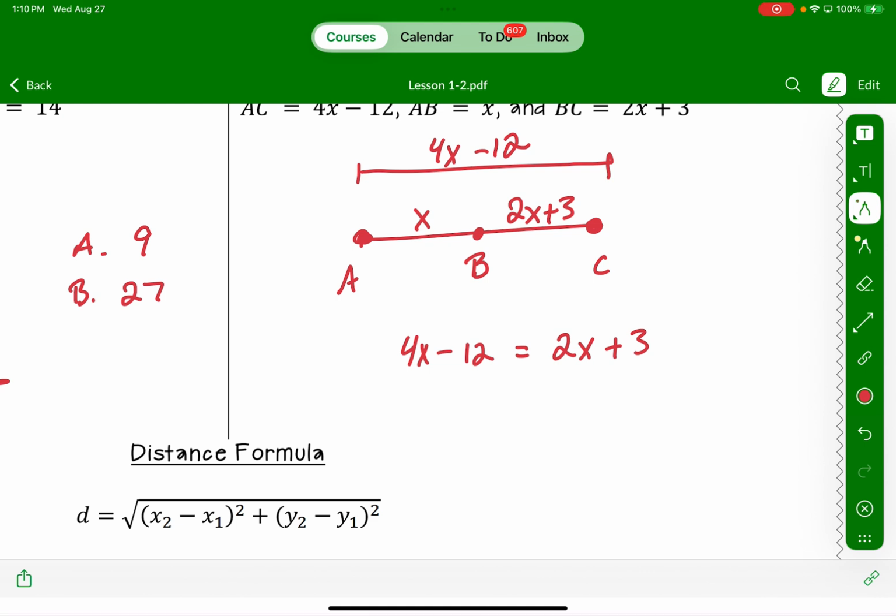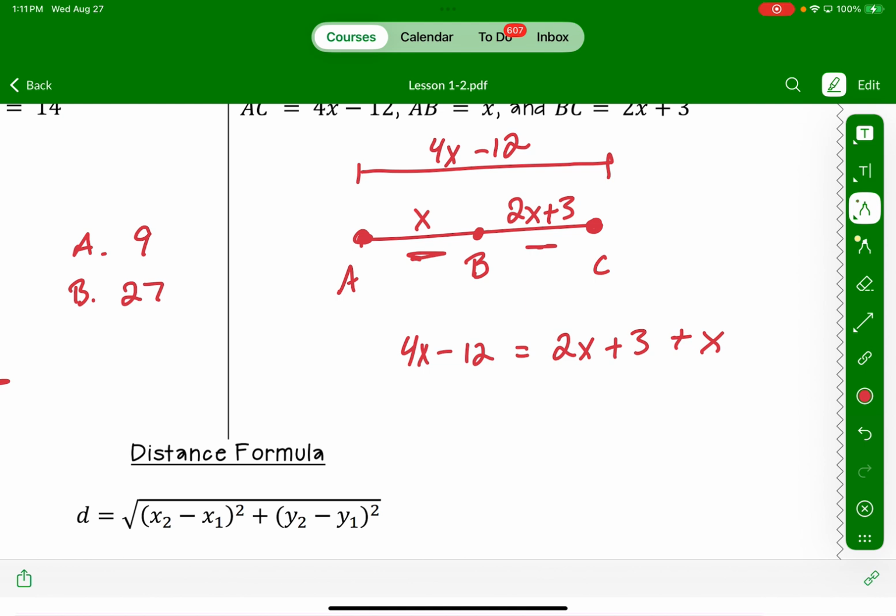If I want to figure out what's equal to that piece, what do I have to do with these pieces, Brady? You have to add them together. So how can I add these two together? Use addition. We can't leave it at 2x plus 3 because that's only part of it. But if I just add in the x, now it works because now we have both pieces equals the big piece.